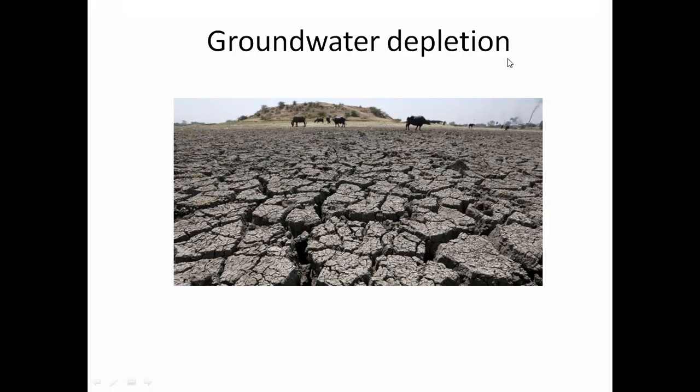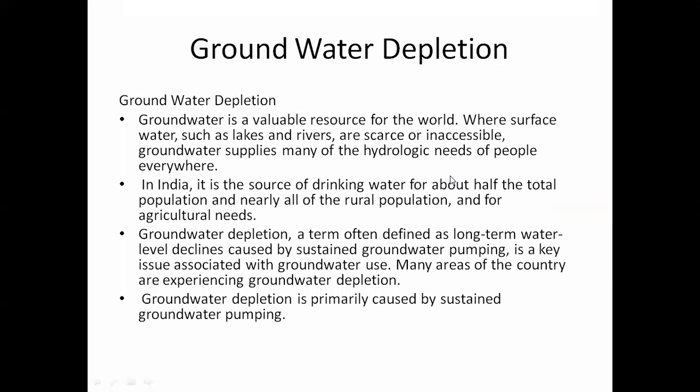So what is groundwater depletion? What is depletion? It is nothing but some deficiency happening. You know it is a very valuable resource of the world, groundwater. In mountain regions, if you see, there is no surface water, right?